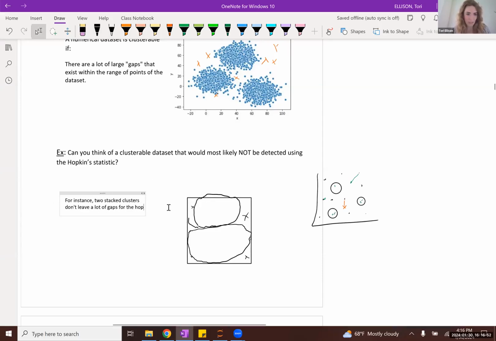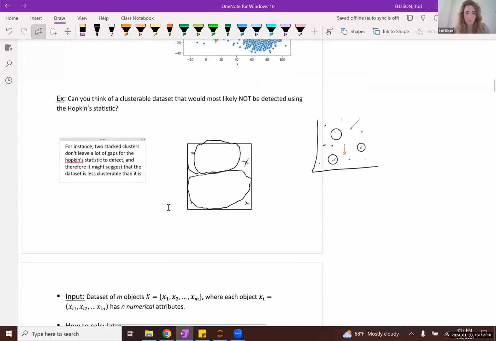For the Hopkins statistic to detect, and therefore it might suggest that the data set is less clusterable than it is. Okay.